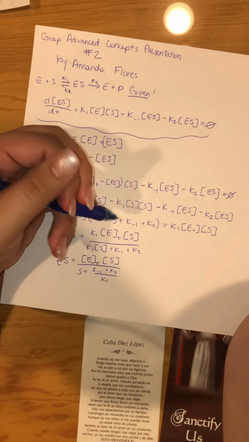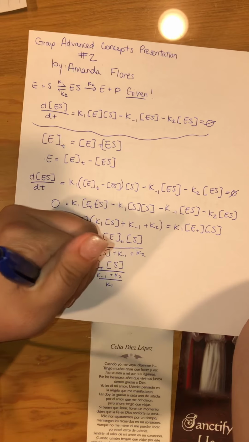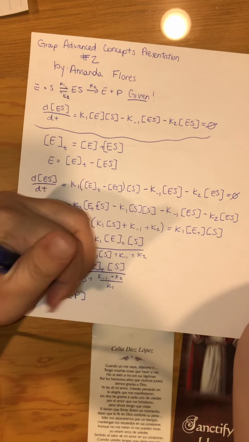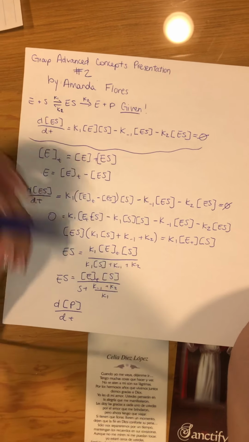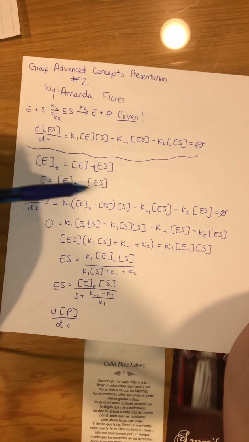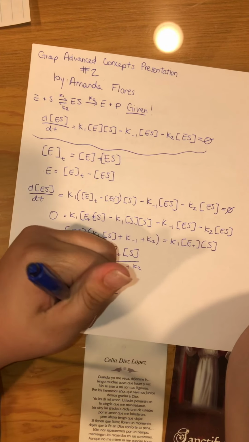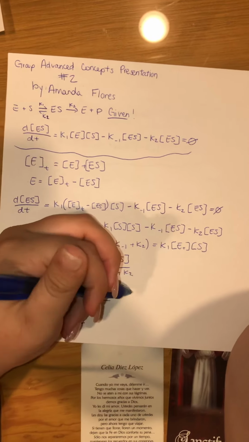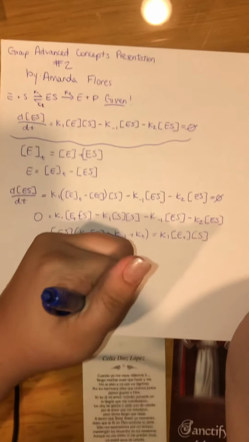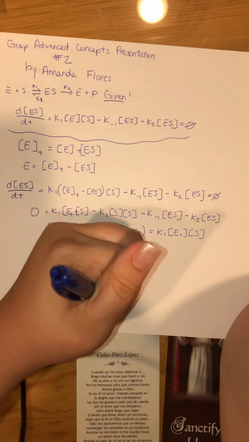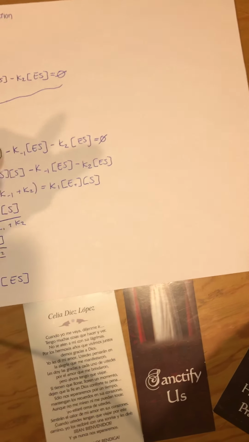So then getting the instantaneous rate of change, we're going to get d of P over d of T, and this P was found in the first equation, in the given, which is equal to K2 times E of S.